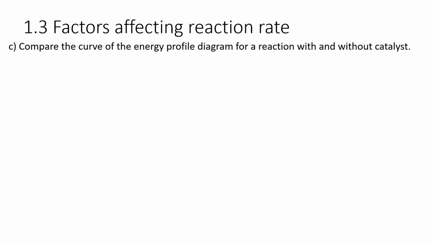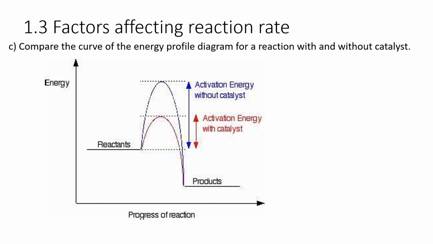Now we move on to learning outcome 1.3c. Compare the curve of the energy profile diagram for a reaction with and without catalyst. So first, we must remember the axis. The y-axis is energy and the x-axis is reaction progress.